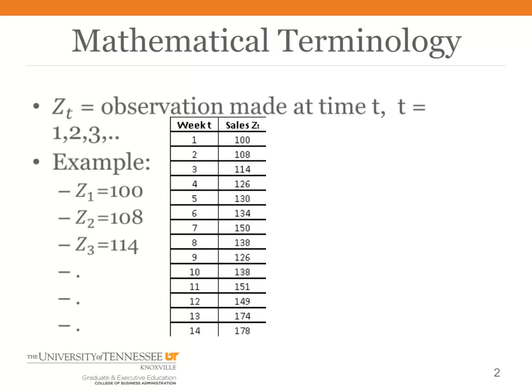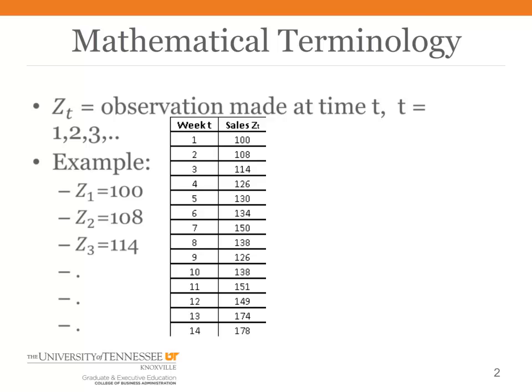Let's start with an example and introduce a little bit of notation here. Let's suppose each week we observe the sales, let's suppose at a retail outlet, and let's suppose we've done that for maybe the past couple of years. And here I'm showing a little bit of a spreadsheet that shows the first 14 weeks and the sales that were observed for each of those weeks.